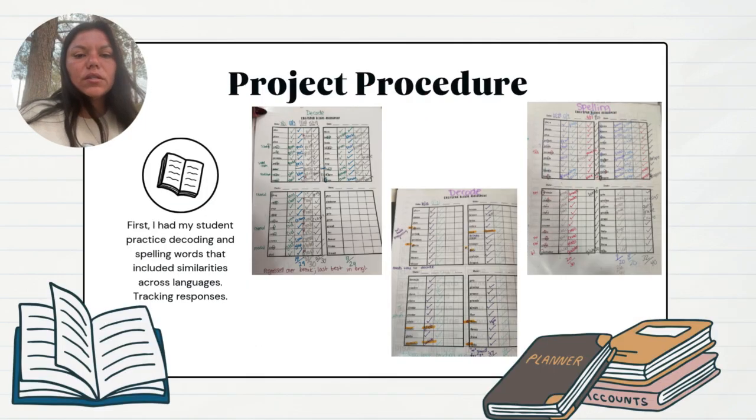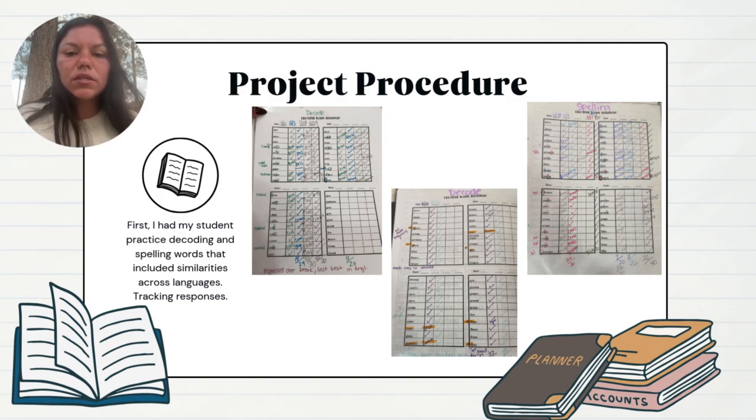When conducting this documentation procedure, what I used as my starting point was some of the data that I had already been gathering with this particular student. This student was working on goals and objectives that include reading blends in both English and in Spanish.